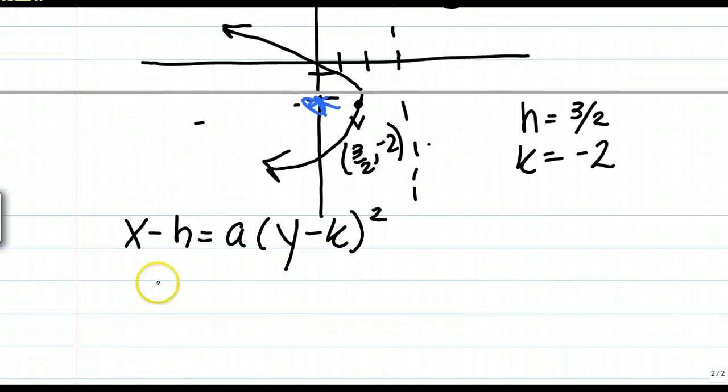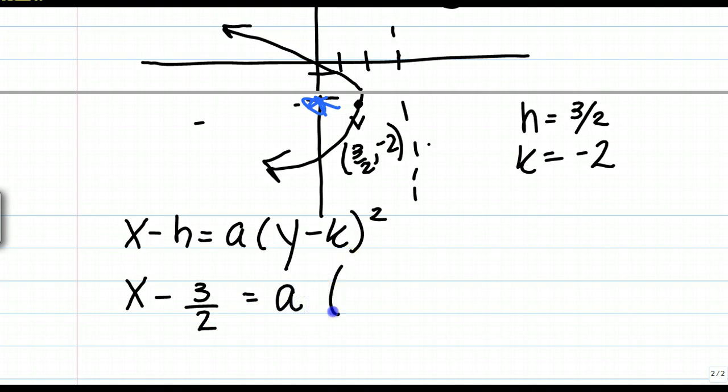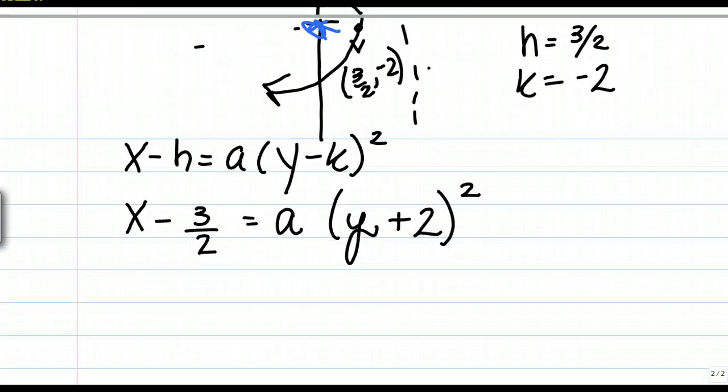So we always have an x, and it's going to be x minus 3 halves equals, we don't know what a is yet, y minus -2, which is really y plus 2, squared. I know that my a is for sure going to be negative, so don't forget that you're going to have a negative a, and the reason is because it's facing to the left and those are heading towards negative numbers.